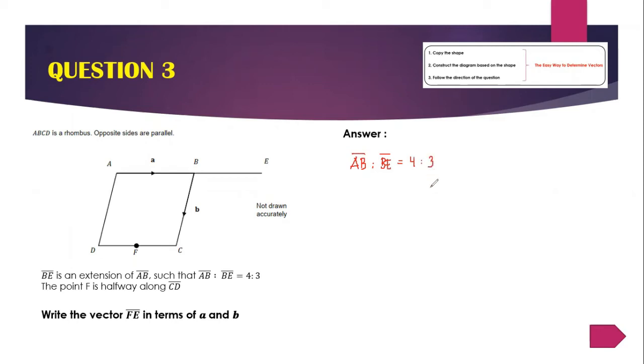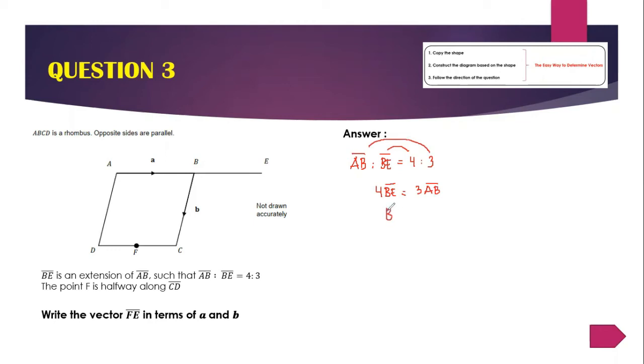By using cross multiply or algebra, it will be 4BE equals 3 vector AB.